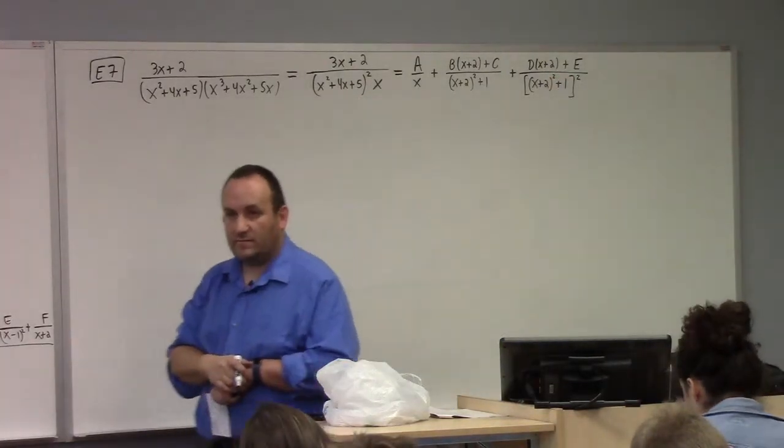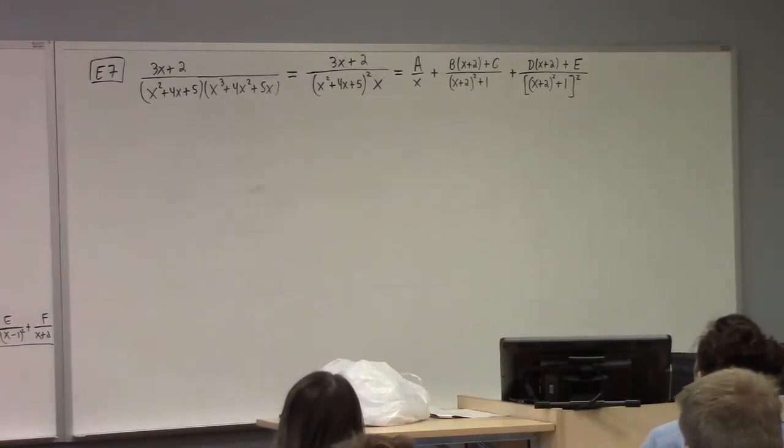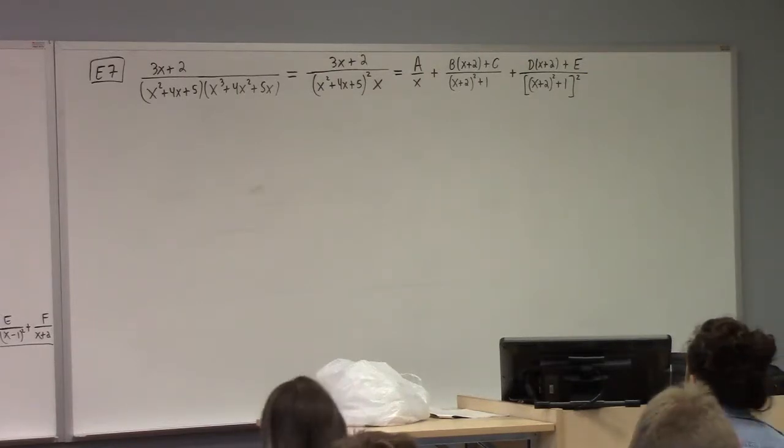So it's reminiscent of what we did in the repeated linear case, but we just square the denominator. That ends up being the partial fractions in this case.